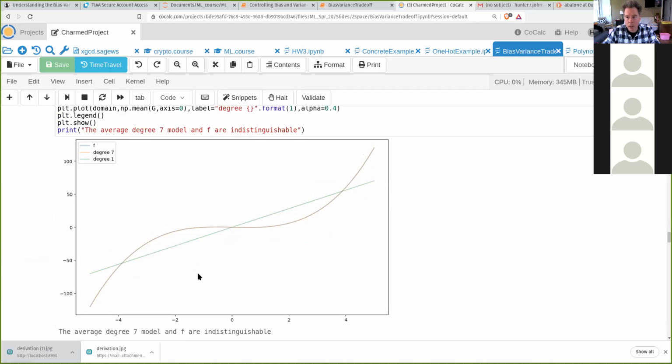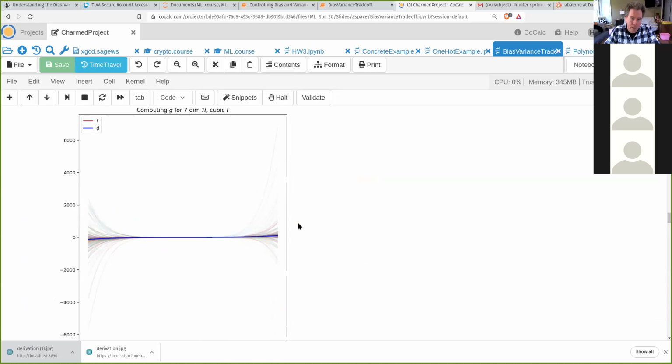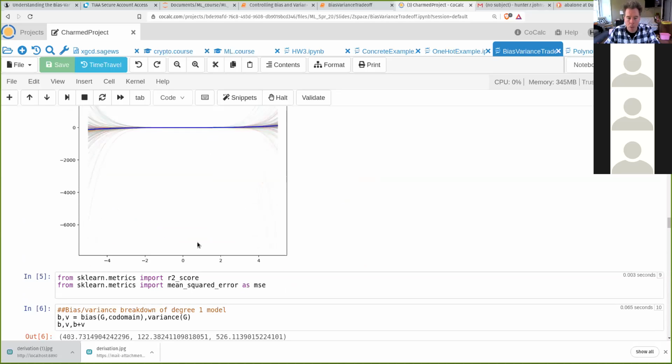So what does that mean? Bias is 0 here, because F and the degree 7 G bar are actually the same. So that's a zero bias situation. But it's kind of high variance, because you can see the fuzz is all over the place. So that's the difference between the family of best hypotheses and the average.